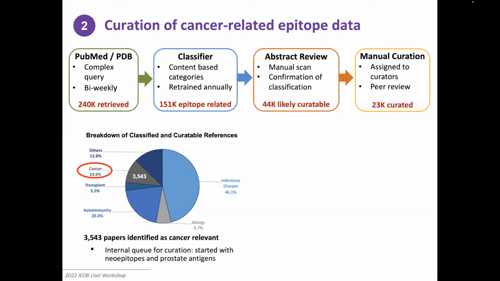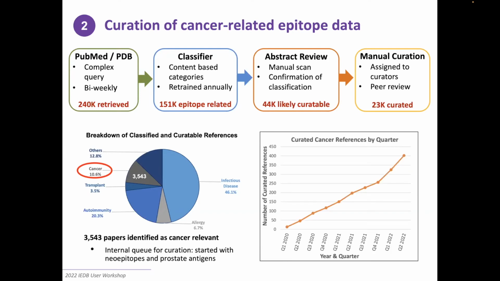We started curation by focusing on prostate antigens and neoepitopes. And this has been going on now for about 2 years, when we started doing some prototype, pilot curation, and then really from the fourth quarter of 2021, we have increased our efforts, and you see that the slope is ramping up.